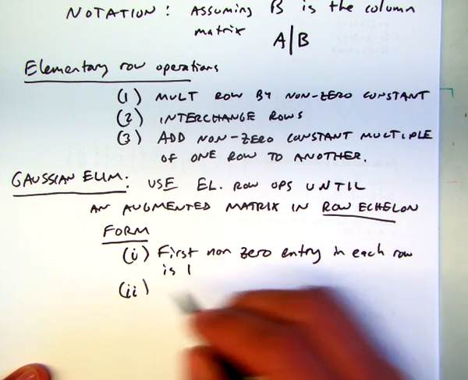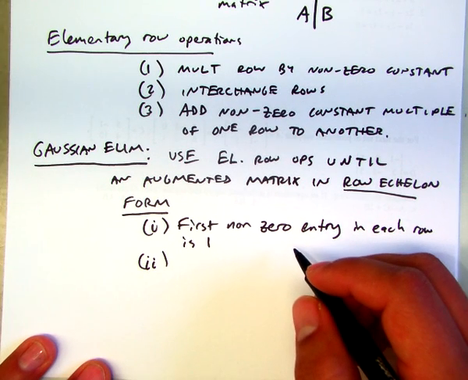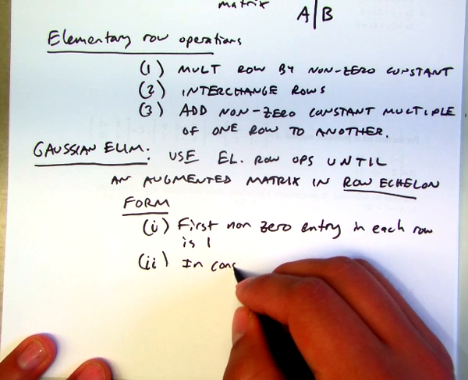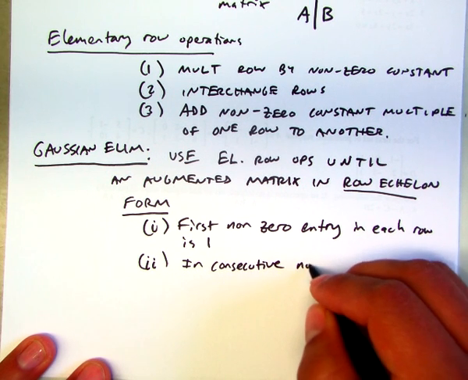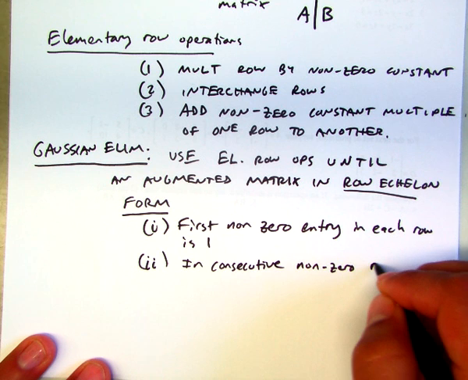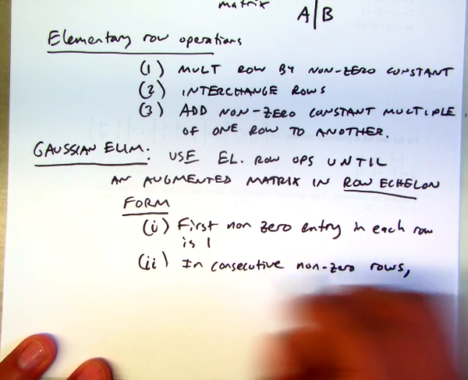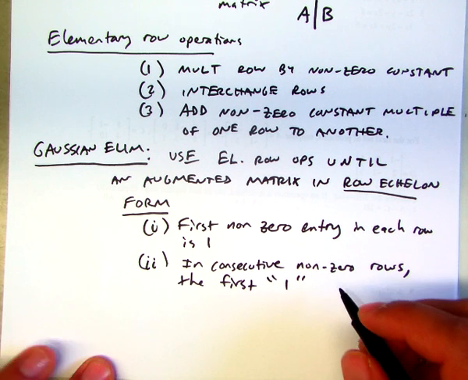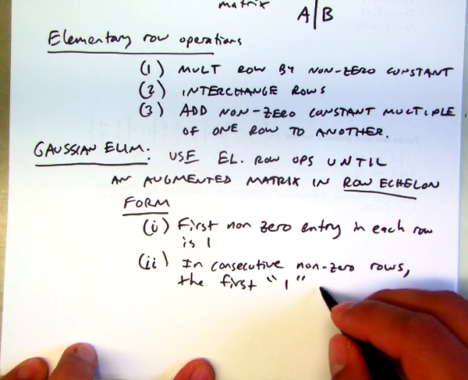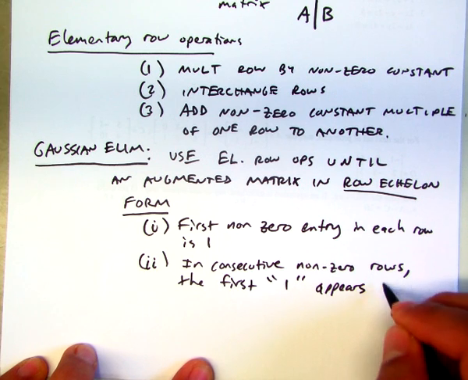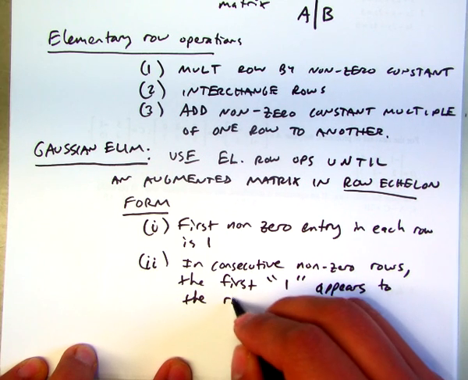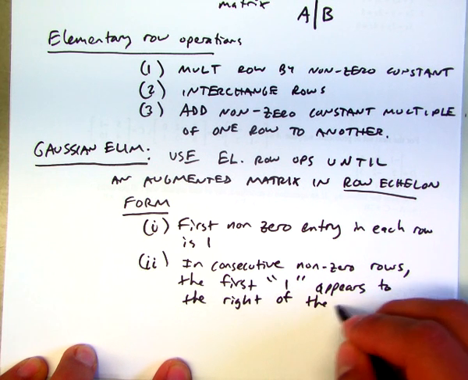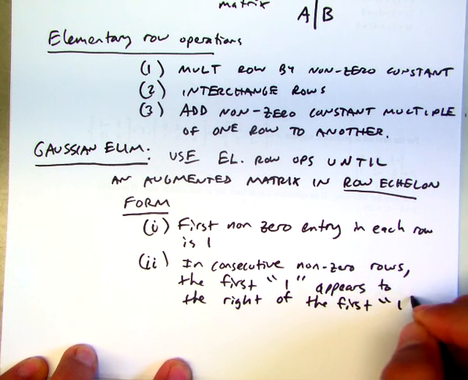Two, in consecutive non-zero rows, the first 1 appears to the right of the first 1 in the row above.